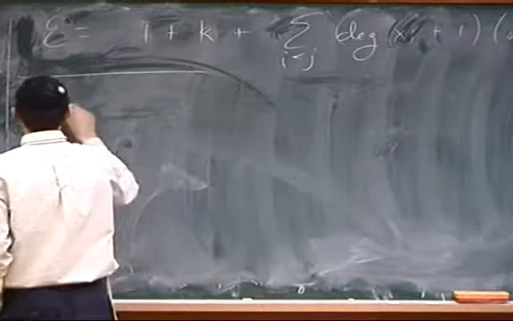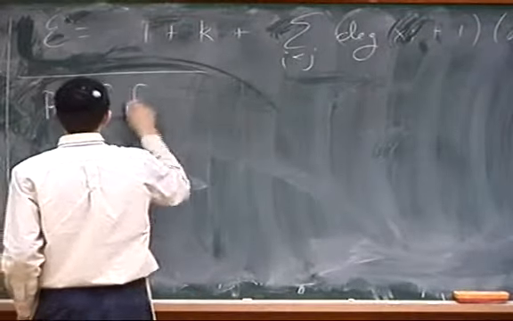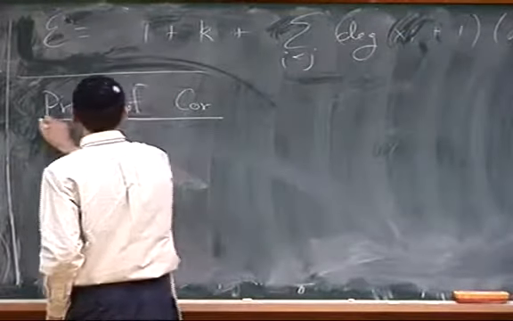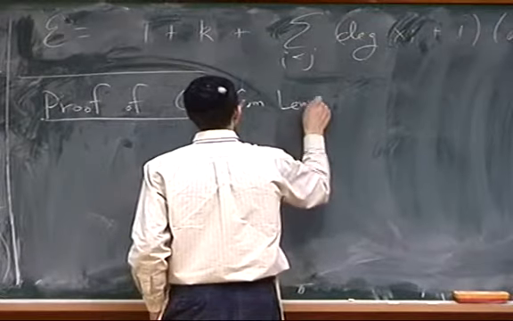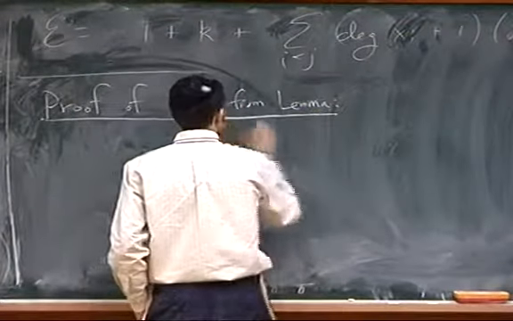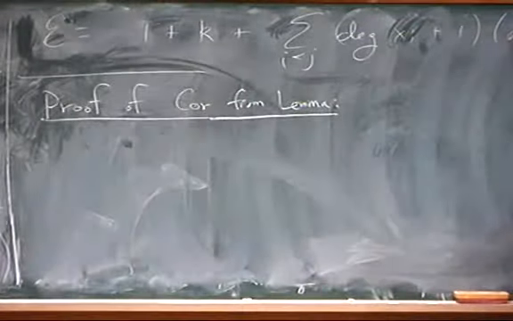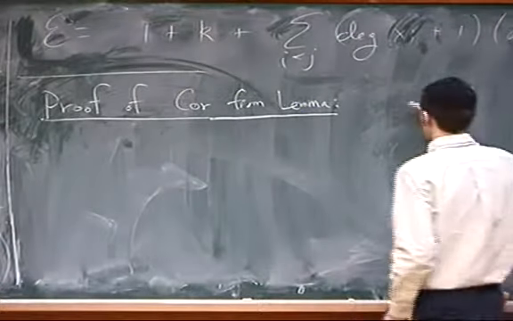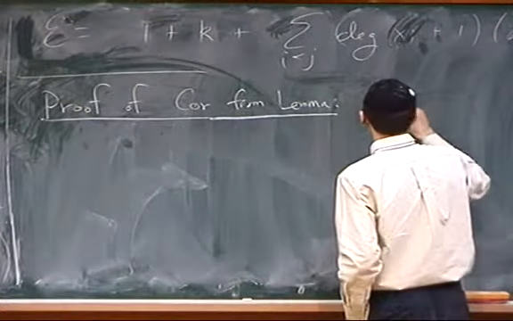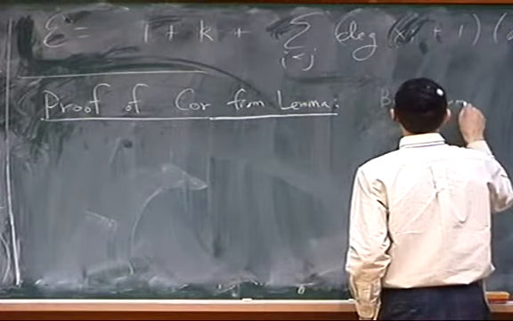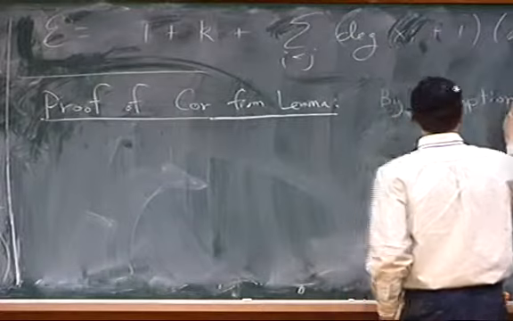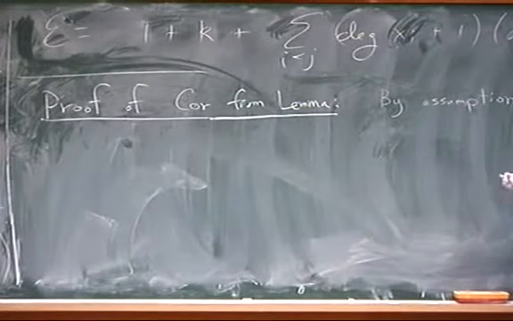So, the lemma. Let's just note that, by assumption, phi star is like the inverse map.